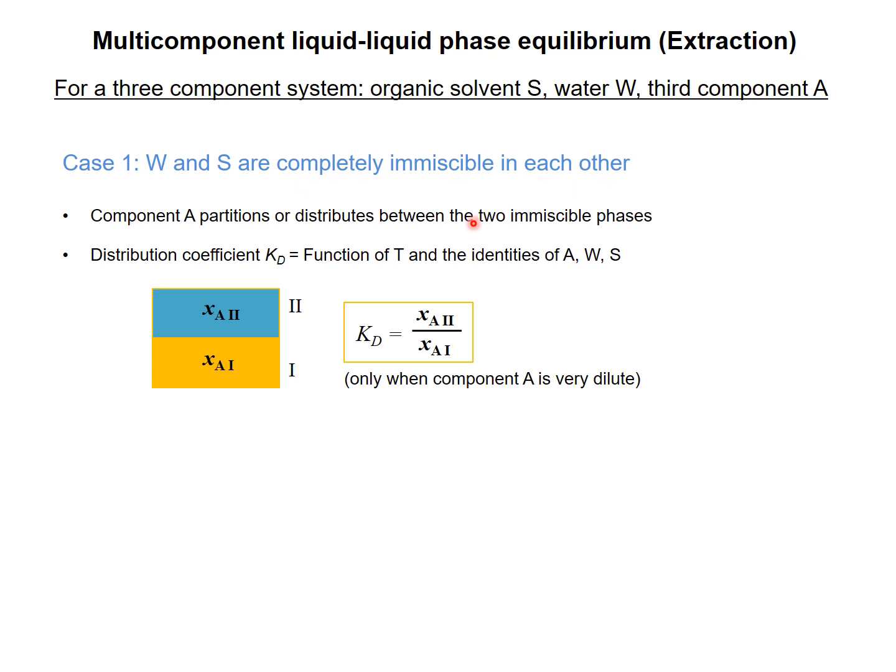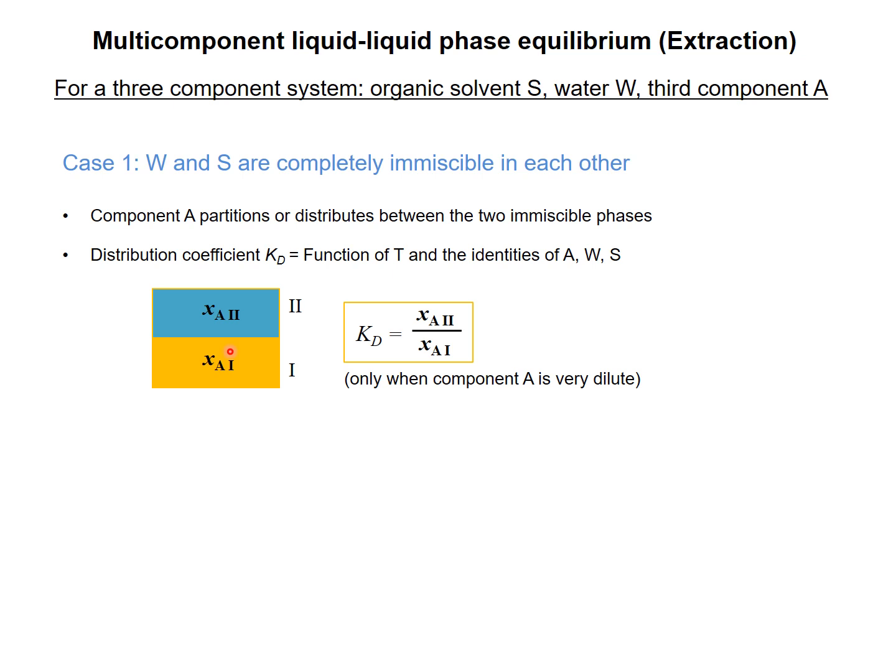In that case, the component A is distributed between the two immiscible phases. Here is the schematic. The yellow is the organic solvent, phase 1, and the blue one is the water solvent, phase 2, and the component A is distributed between those two immiscible phases. You can find A in phase 2, and also you can find the same A in phase 1.